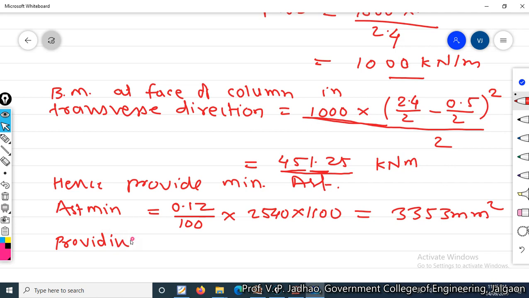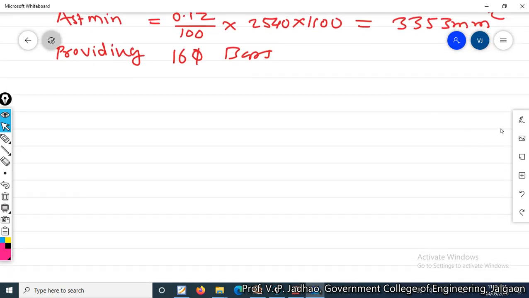Providing 16 phi bars, what is the spacing required?